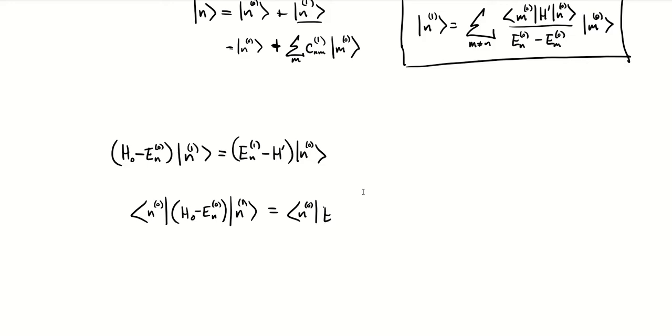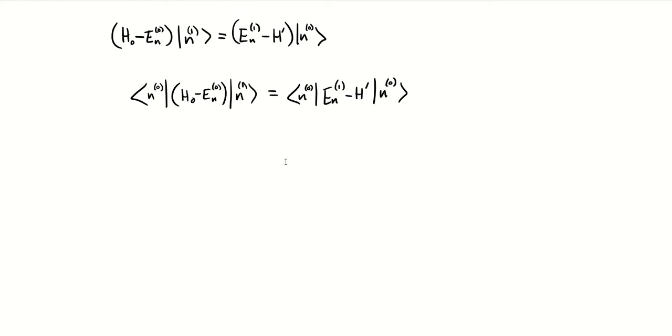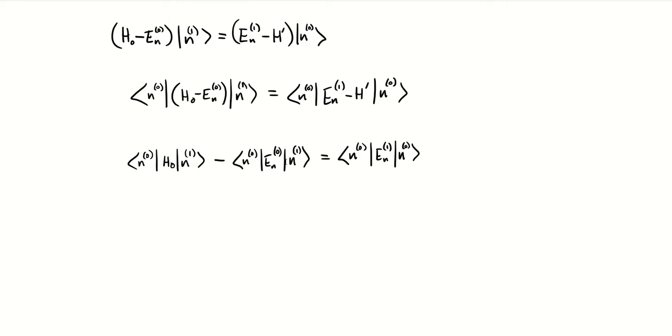We end up with this, <n0|H0|n1> minus <n0|E0|n1>... it's equal to <n0|E1|n0> minus <n0|H'|n0>, right?